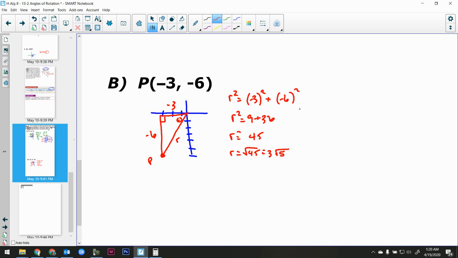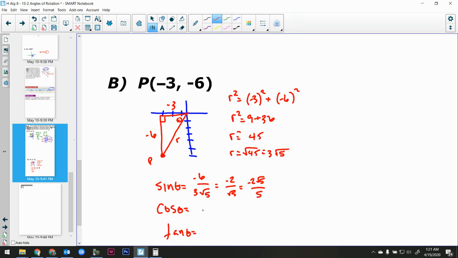Okay. All right, now so sine theta, cosine theta, tangent theta. Now, sine theta is opposite over hypotenuse. Okay, so negative 6 over 3 radical 5, which is negative 2 over radical 5, which is negative 2 radical 5 over 5.